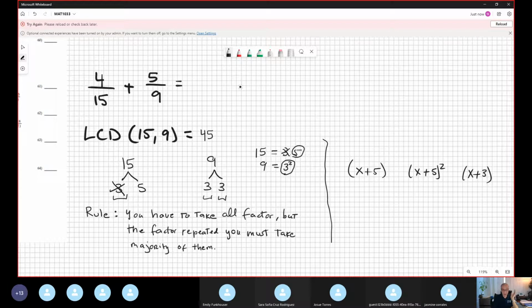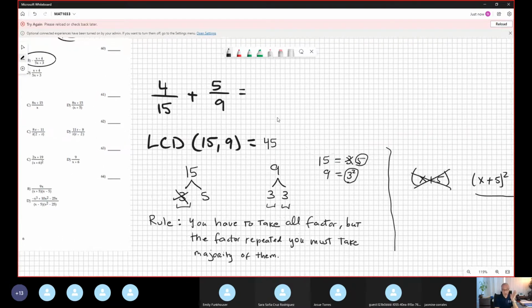According to the rule, you take all factors. So x plus 5, you have to take. x plus 3, you have to take. But I can see that the majority of x plus 5 is squared, so you delete this mentally and take this and this together. Let's see it in the algebraic expression. So now, this is step 1: find the LCD.